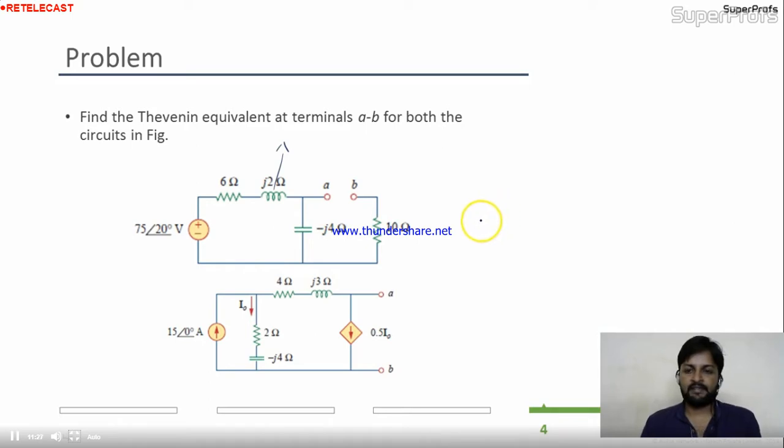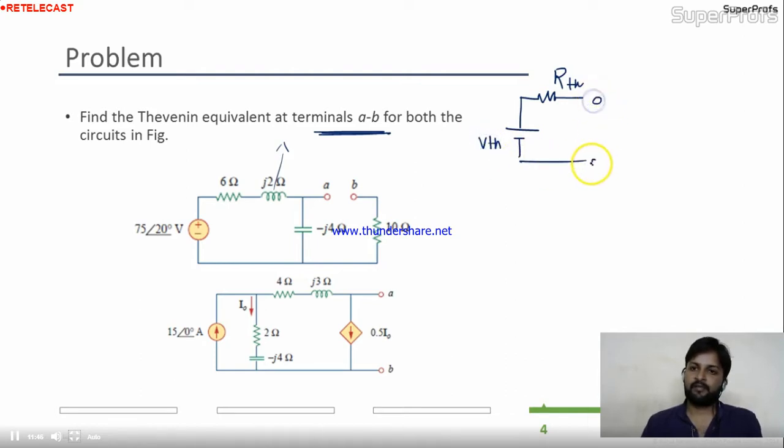This circuit is like a simple resistive circuit, but instead of resistance here, you are having impedance. So for the Thevenin equivalent circuit, if you remember, you need two things: R Thevenin or R equivalent and V Thevenin across points A and B. So here A and B are also given. So first calculate the R Thevenin.